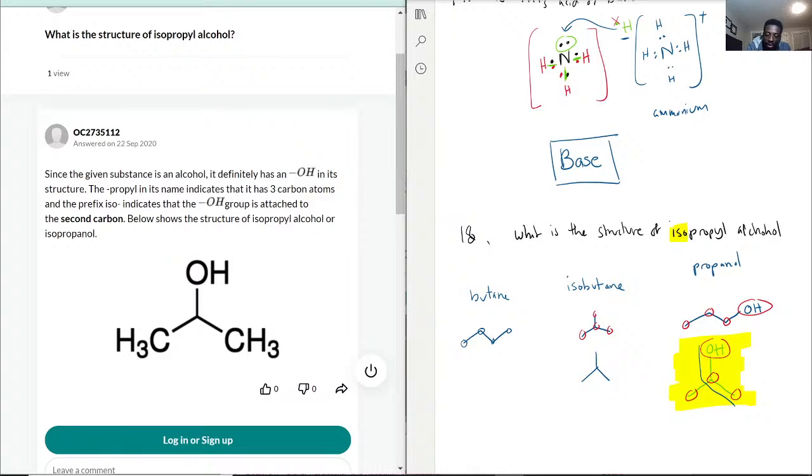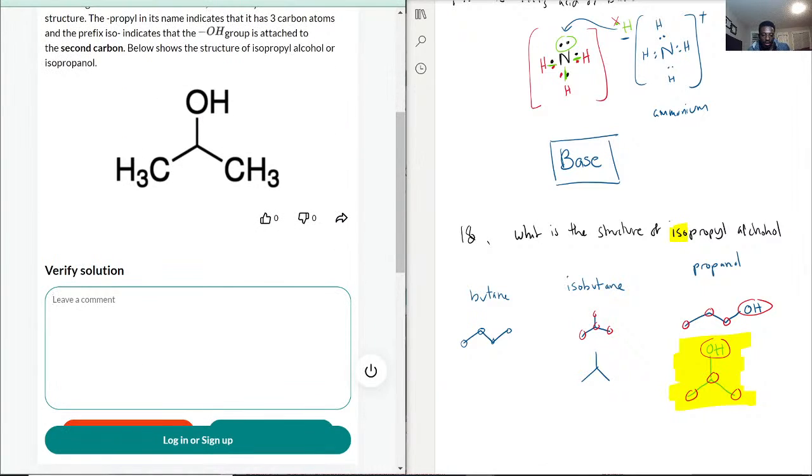So this is what isopropyl alcohol is, and it doesn't need the numbering thing that we usually do, because everything is configured in a similar way. So this is correct.